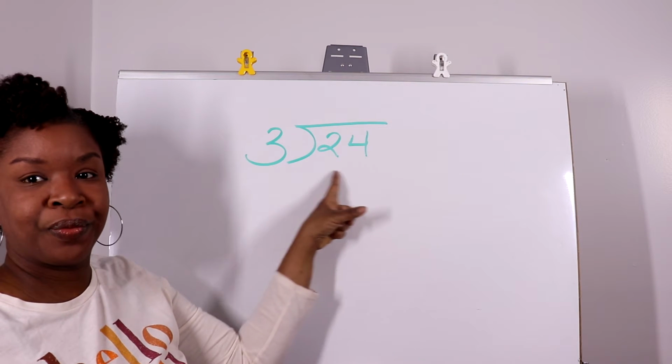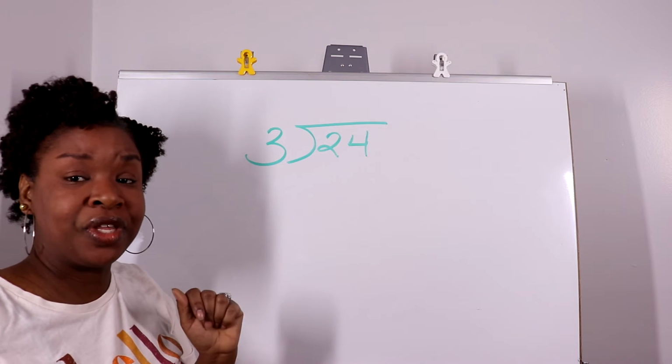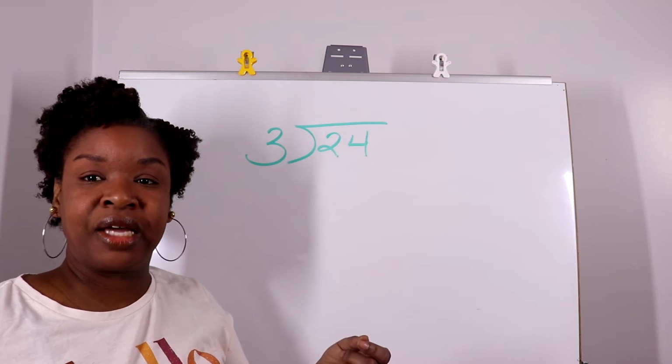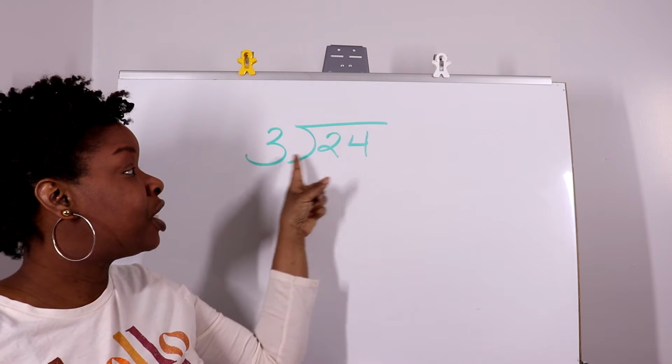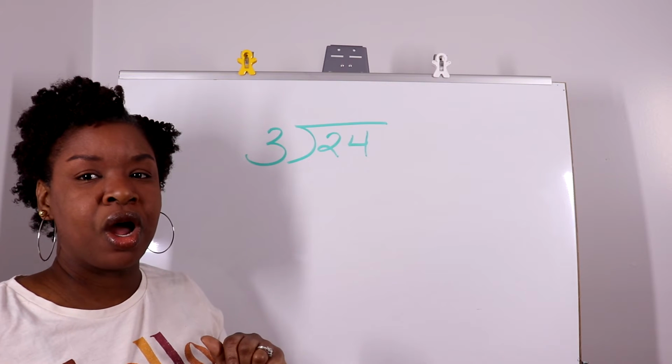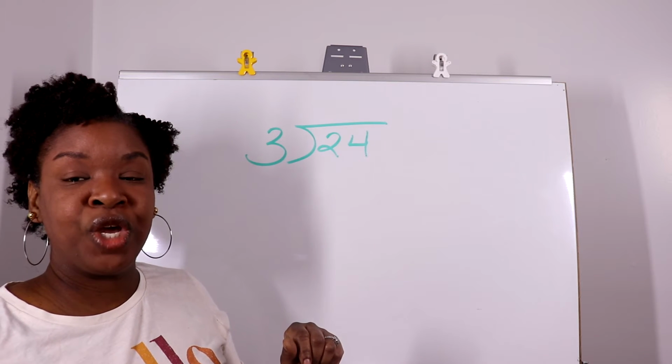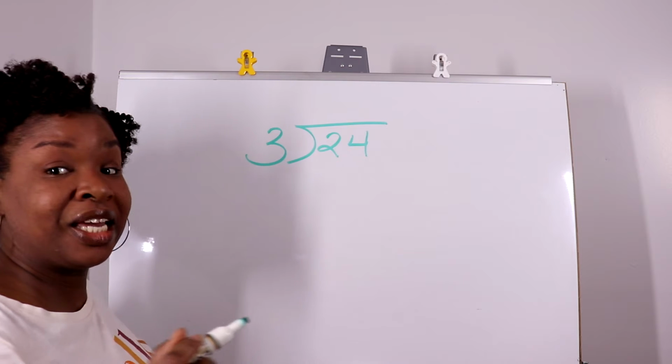Now, in order for us to do this, we have to use our multiplication facts. So how many times can 3 go into 24? First step, we're dividing. And if we do our skip counting, let's see.